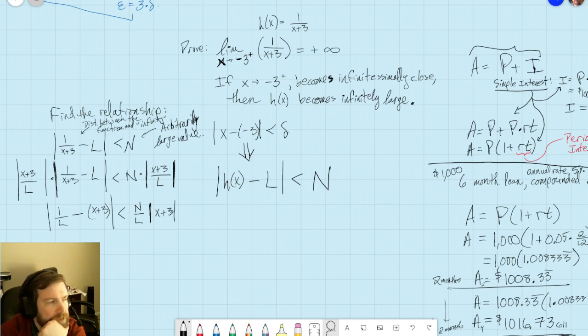So x plus 3 is also approaching 0 as L. Oh, wait, those are big numbers. Okay, so we're essentially getting an infinity times 0.